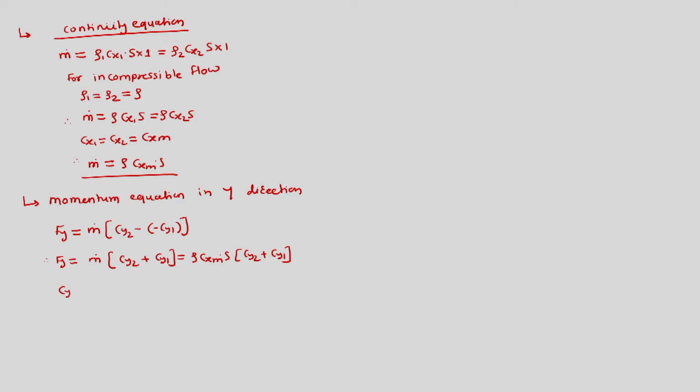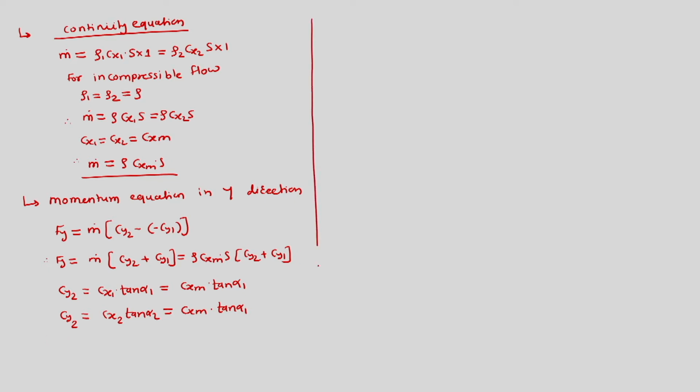From the triangle we can write Cy1 is equal to Cx1 into tan alpha 1, so it is equal to Cxm into tan alpha 1. Similarly, Cy2 is equal to Cx2 tan alpha 2, which is equal to Cxm into tan alpha 2.